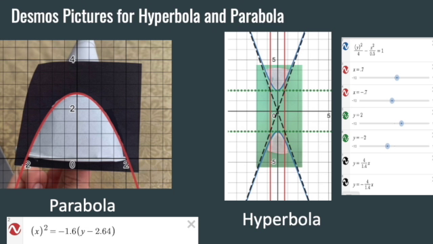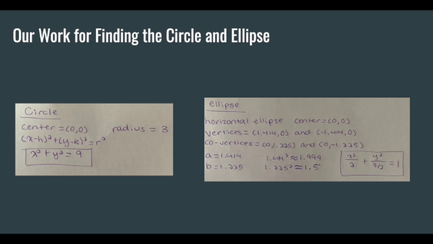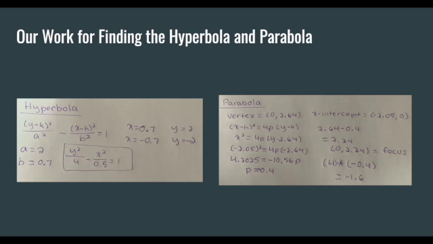We used an x-intercept of negative 2.050. We plugged the x and y values into our equation to get a p value of 0.4. We then multiplied 0.4 by 4 to get our final equation of x squared equals negative 1.6 times y minus 2.64. The 1.6 is negative because the parabola is facing down. This is our work for finding the circle and the ellipse, and our work for finding the hyperbola and parabola.